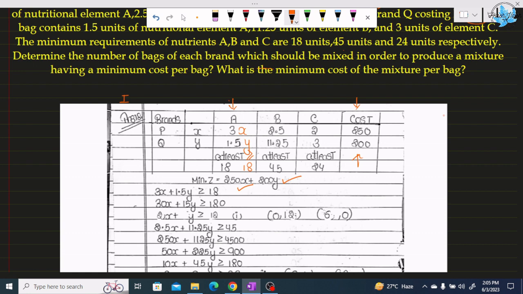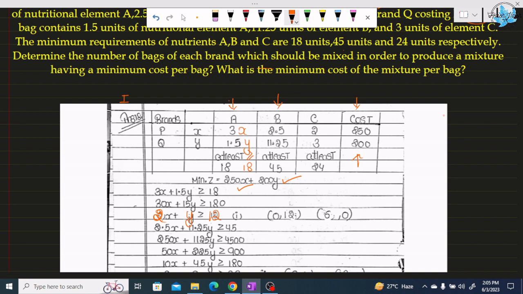Then I take 3 common, so you get 10x plus 5y and then 60. After that I take 5 common, so I get 2x plus y and then 12. So the reduced equation is 2x plus y is greater than or equal to 12.